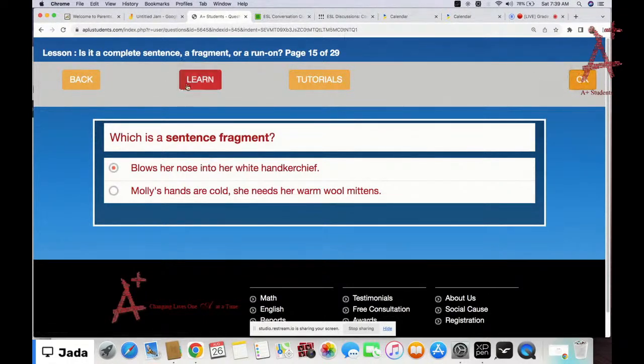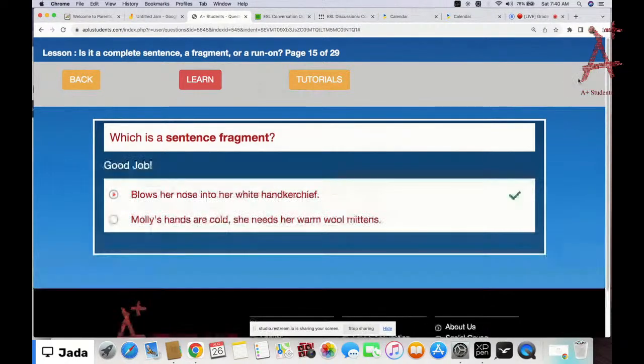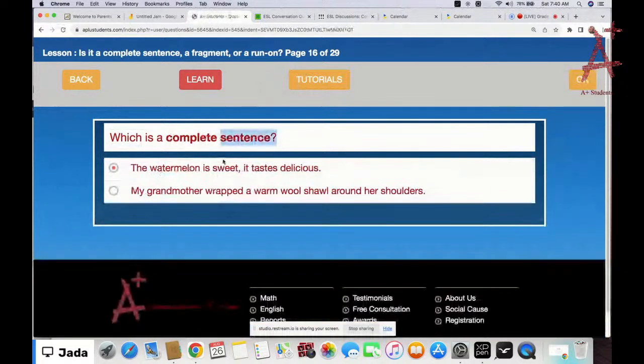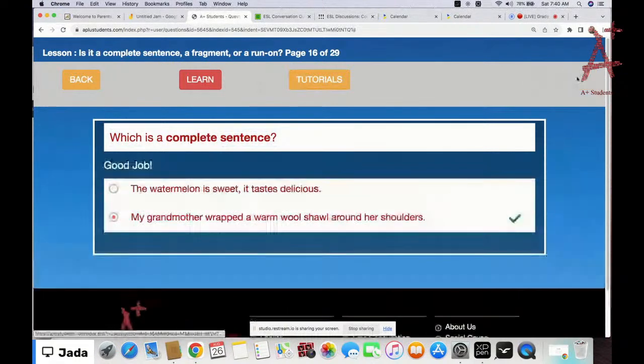Okay, and then sentence fragment. And then the next one says complete sentence. The watermelon is sweet, it tastes delicious. This is a run-on. My grandmother wrapped a warm wool shawl around her shoulder. So it's gonna be the second.